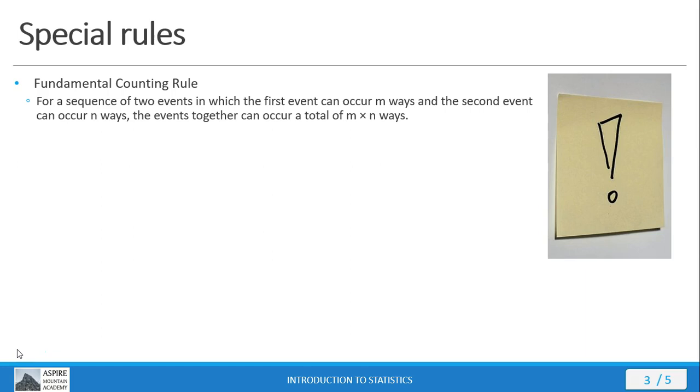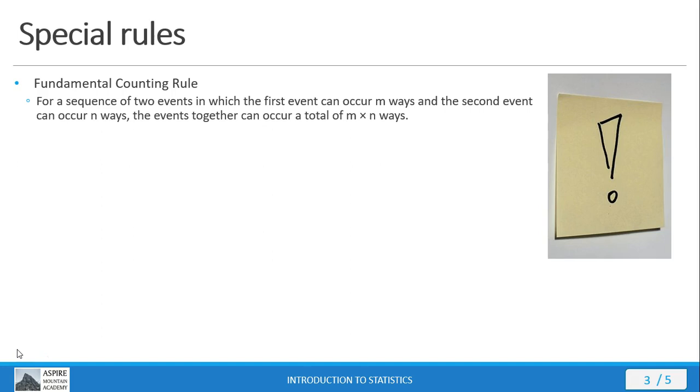And first up, what we have are some special rules. The first of all is the fundamental counting rule. You can see the definition here on the screen. And when you read it, it's really not going to be much different from what we've seen from the multiplication rule. And that's essentially what this is. So you've got two events that are in sequence. The one occurs and the second occurs. Well, that's just the multiplication rule.